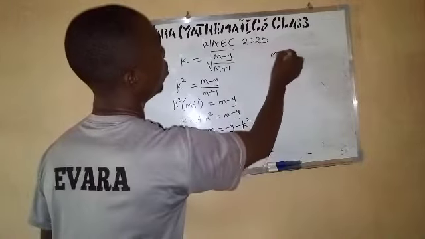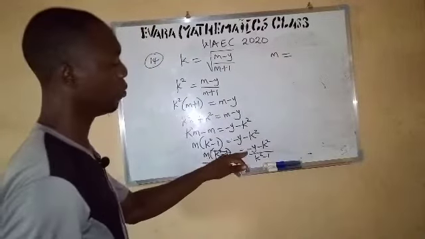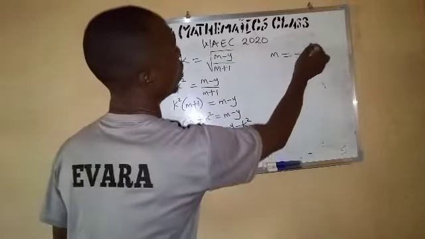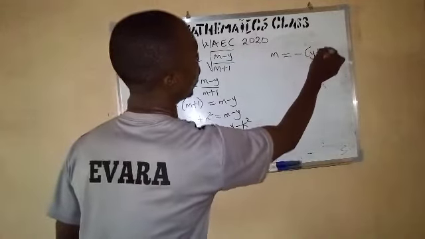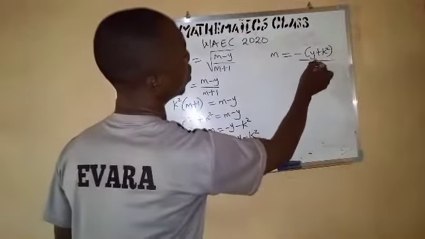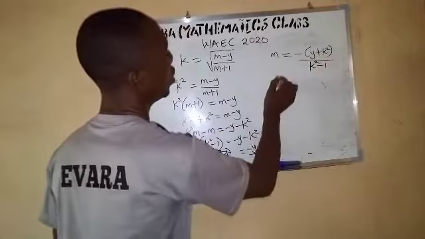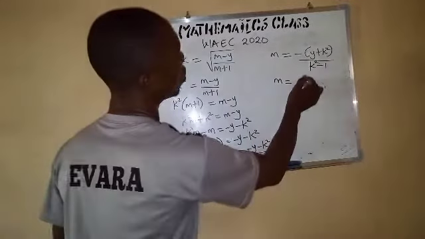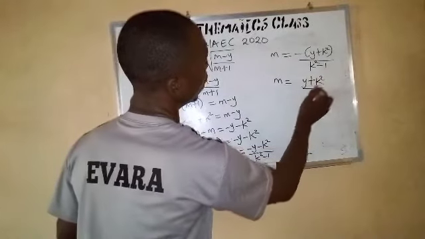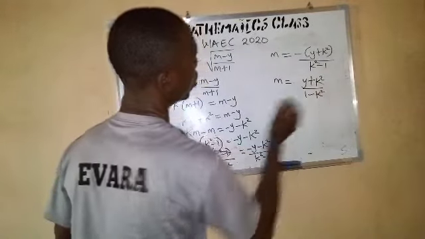We have m equals, if we have two negative signs this way, we can bring it out and make it y plus k squared over k squared minus 1. So m equals y plus k squared divided by 1 minus k squared.